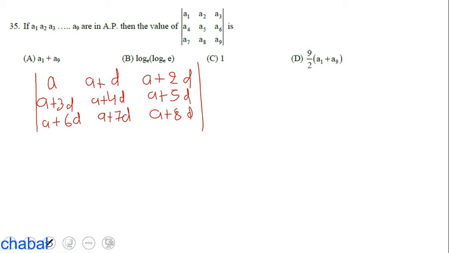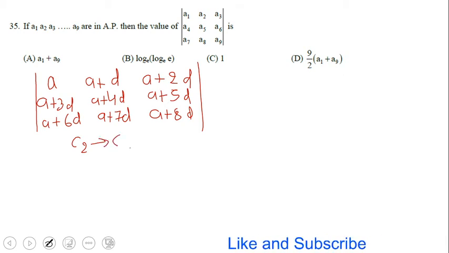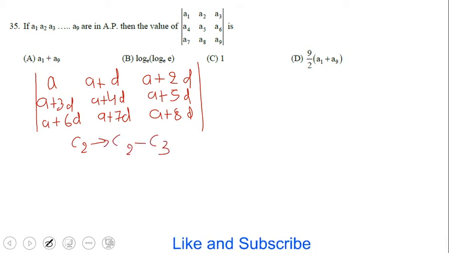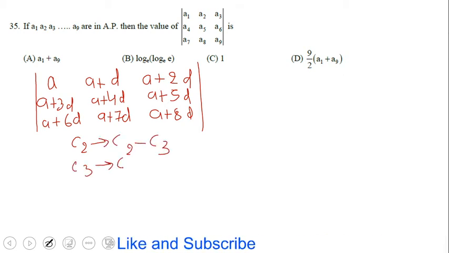Then further, using elementary column transformation, we will reduce it to a simple form here. So we will perform C2 changes to C2 minus C3 and C3 changes to C3 minus C2.